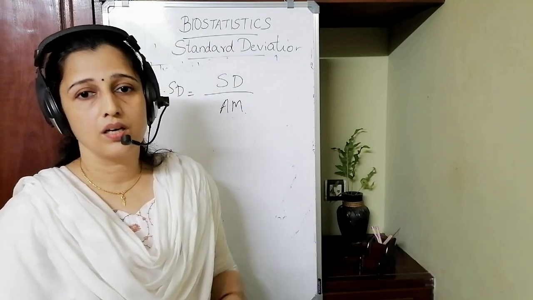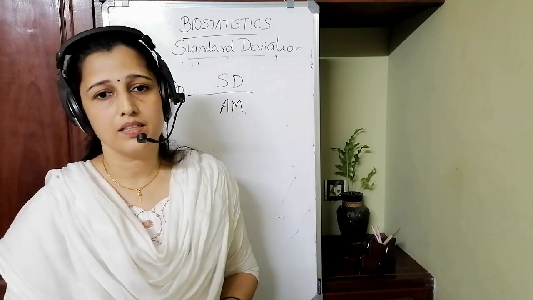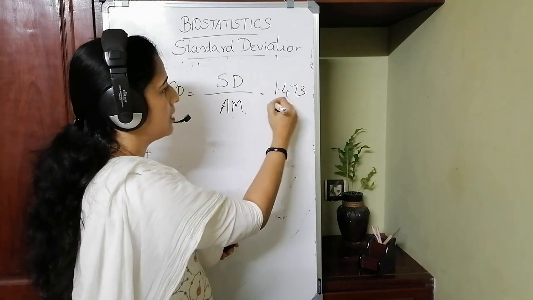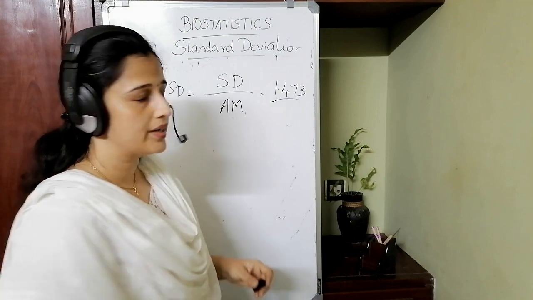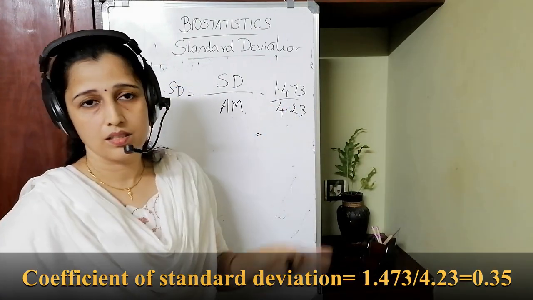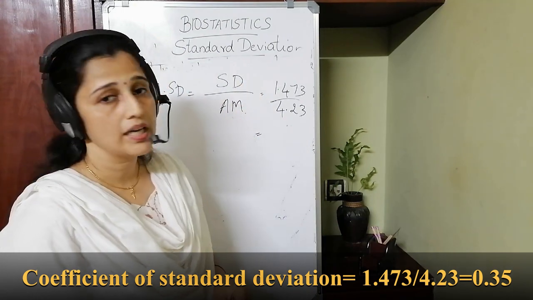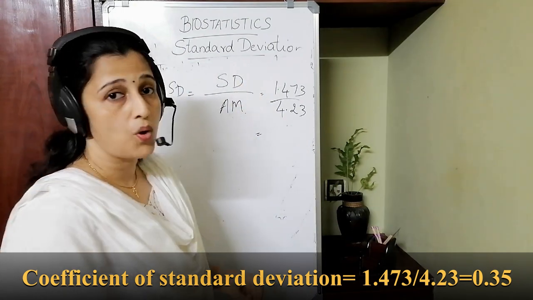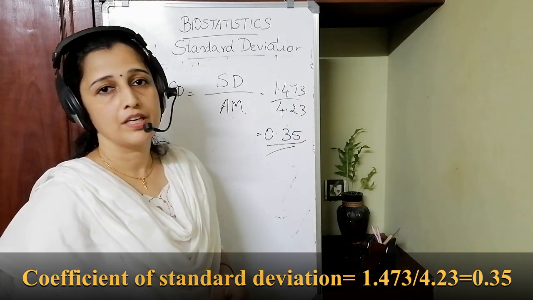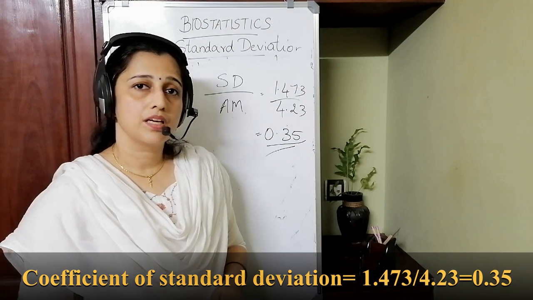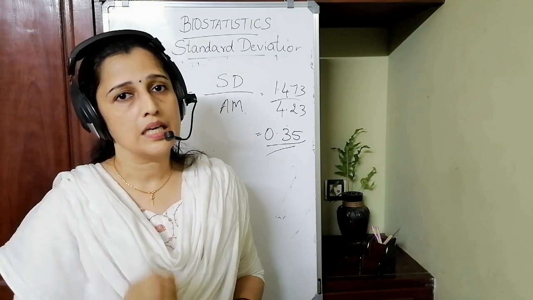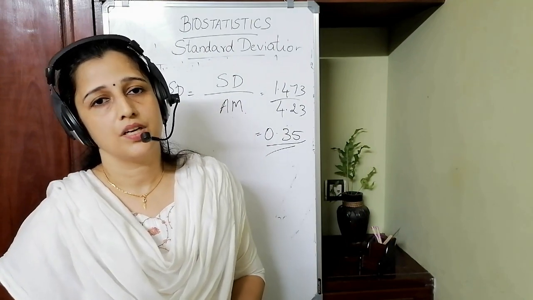So for the above question, which we have calculated, the standard deviation is 1.473 and the arithmetic mean was 4.23. So standard deviation divided by arithmetic mean gives the value 0.35. That is the coefficient of standard deviation.